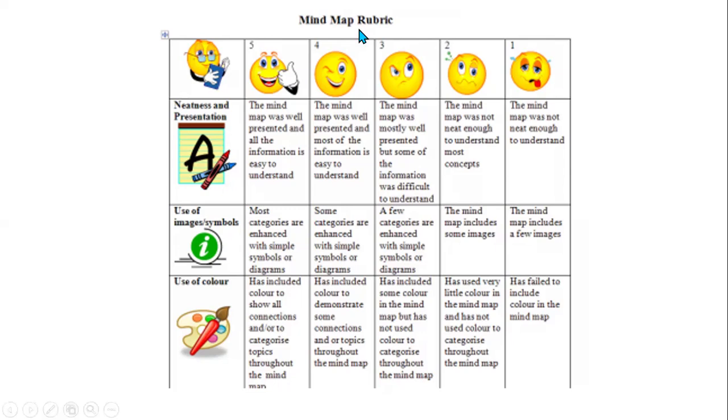The mind map was mostly well presented, but some of the information was difficult to understand. The mind map was not made enough to understand the math concept. And so we repeat the same situation with others.